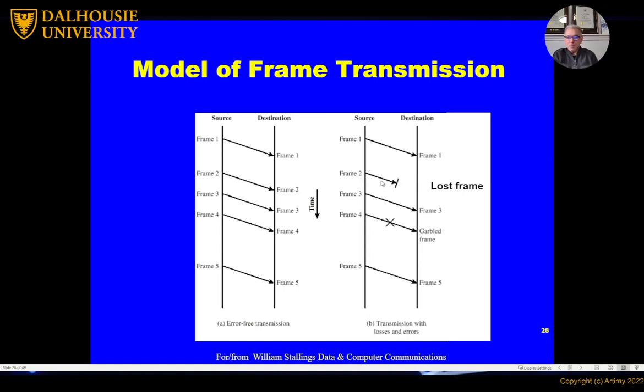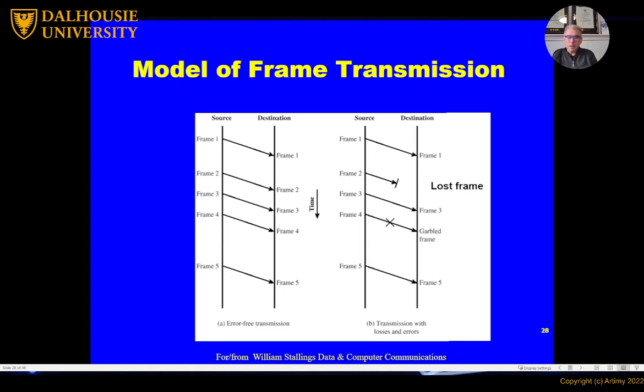Sometimes frames are lost or corrupted. So here we have transmissions with losses and errors. Loss means that for some reason the bits never arrive at the destination. In a big network, they may be saved in a switch or a router, and that router lost power, so everything is lost, right?